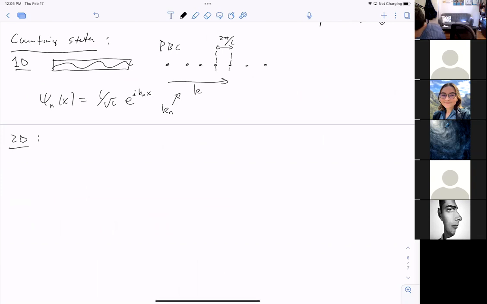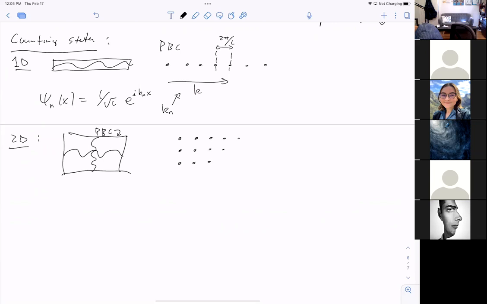In 2 dimensions, periodic boundary conditions tells me that I have to have an integral number of waves in both directions. So that's my periodic boundary condition. It means I have an integral number of waves in both directions. And so that means my Ks are going to be quantized in 2 dimensions. So I have a grid of Ks in 2 dimensions.